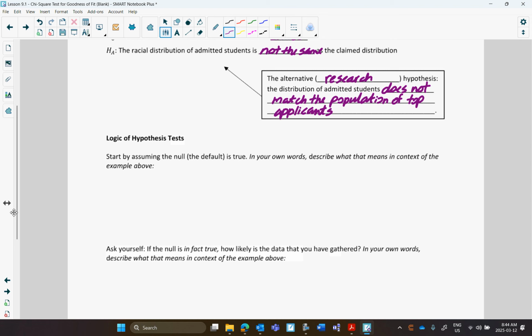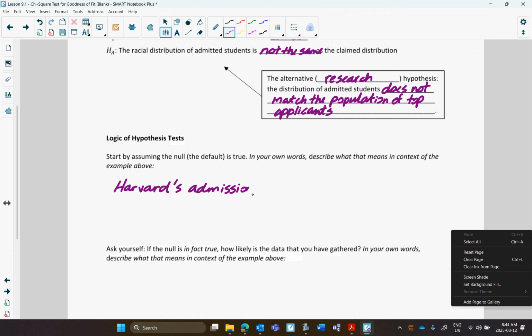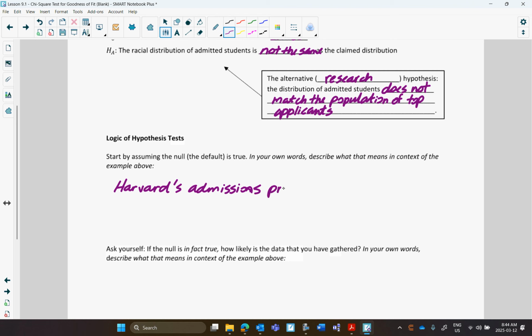And what that means is Harvard's admissions process is similar to randomly selecting from the distribution of top applicants.